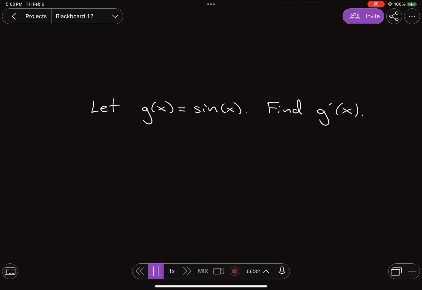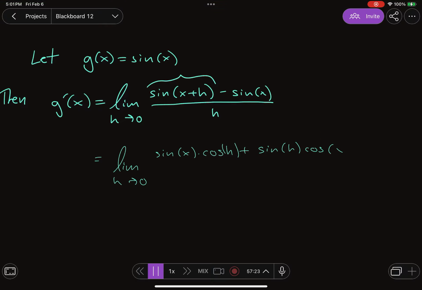Oh, shoot, we know trig. This has another name. That is equal to the limit as h approaches 0 of the sine of x times the cosine of h plus the sine of h times the cosine of x minus sine of x.